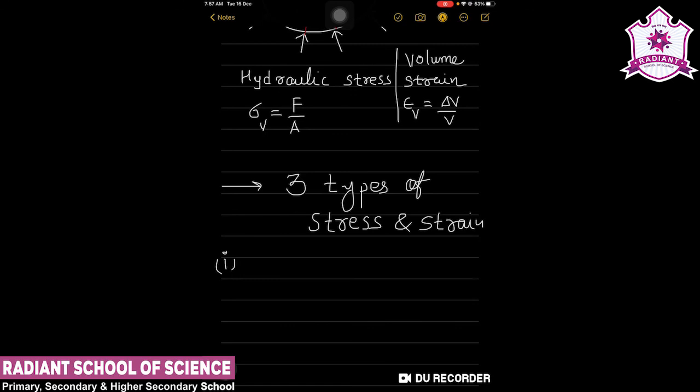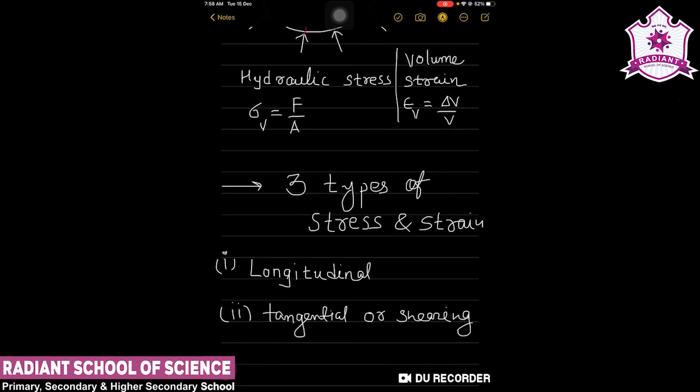Now about the strain, here we can say that the volume decreases uniformly. So the strain produced by the hydraulic pressure is called volume strain, and it is defined as the ratio of change in volume, that is delta V, to its original volume, that is V. So the ratio of delta V upon V is considered as the volume strain also, and it is here the third type of the stress and strain.